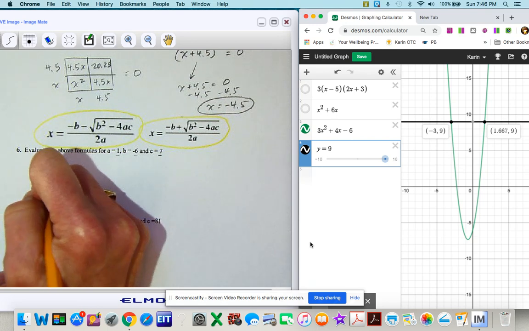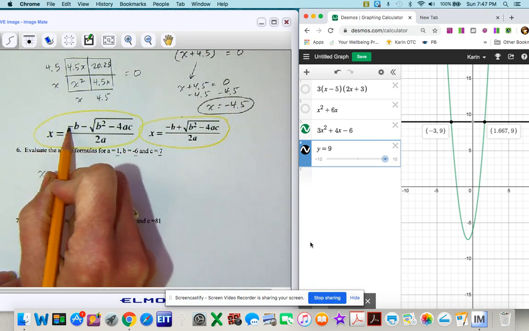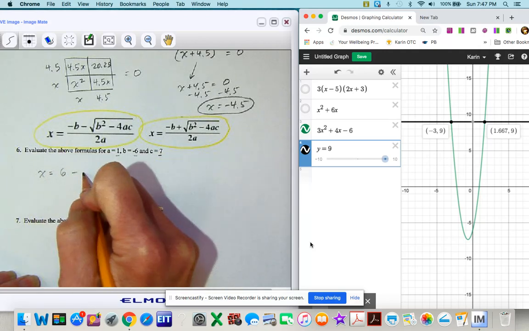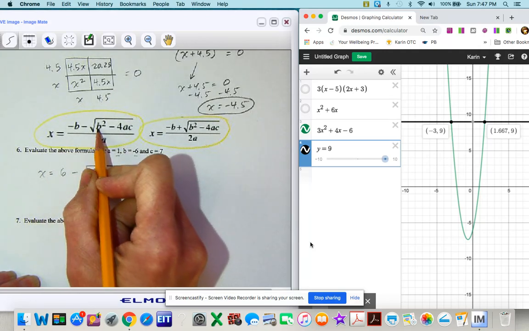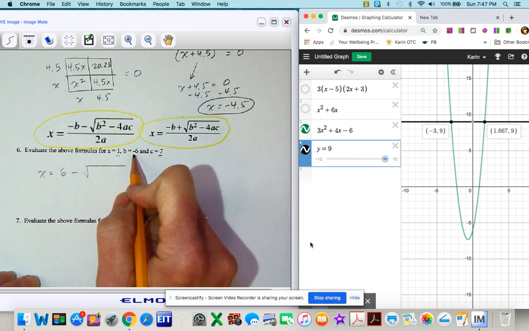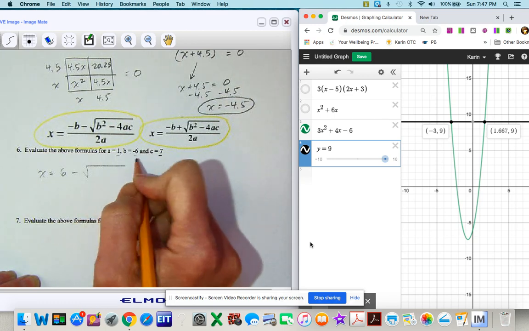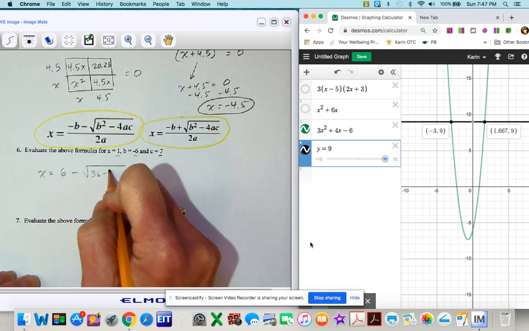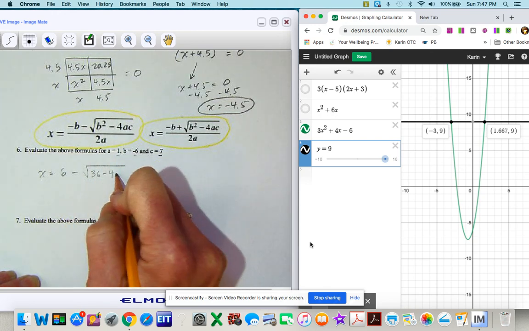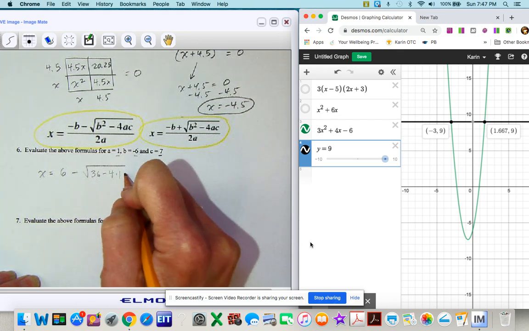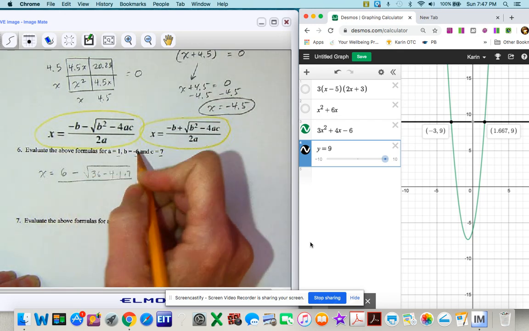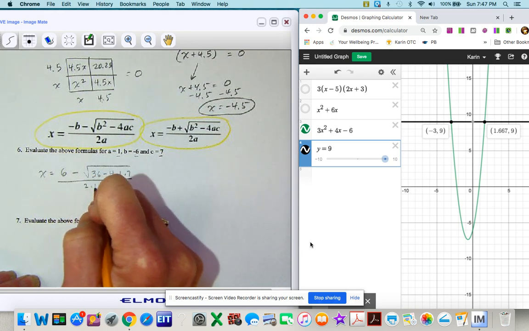All right, so I got x is equal to the opposite of b, so b is -6, so I'm going to make it a +6, minus the square root of b squared. Well, b is -6, so -6 squared, -6 times -6, so 36, minus 4 times a is 1, times c is 7, divided by 2 times a, so 2 times 1.